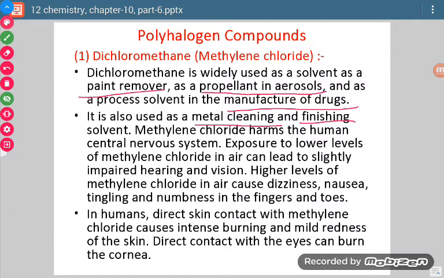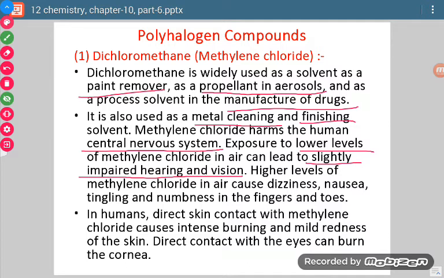Now this compound is harmful for human beings as it directly attacks the CNS, the central nervous system. If someone is exposed to lower levels of methylene chloride in air, they may have a slight problem with hearing or vision.